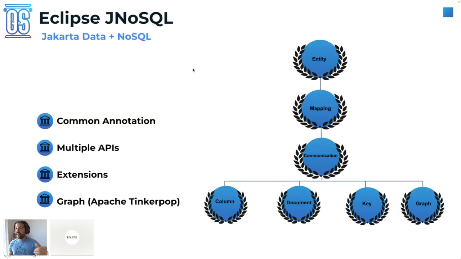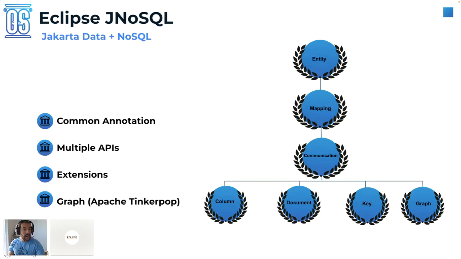Based on that, the market has increased a lot around databases, polyglot persistence, and NoSQL databases, and we designed Eclipse JNoSQL, where the main goal is to make it easier to integrate Java with NoSQL databases. This framework is based on two specifications, Jakarta Data and Jakarta NoSQL, both of which I will explain a little bit.